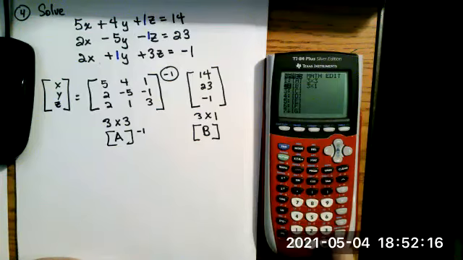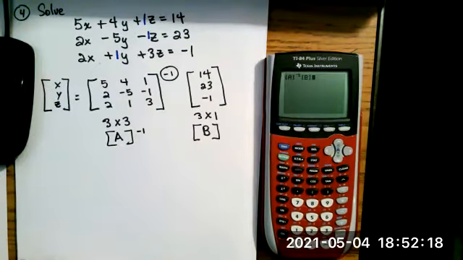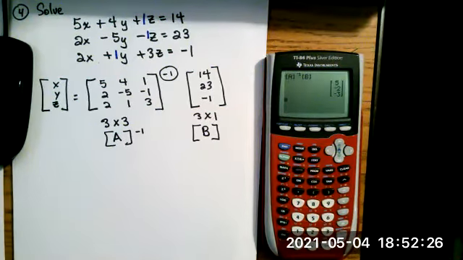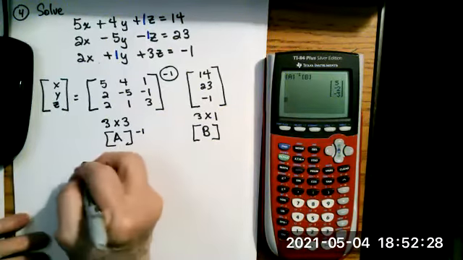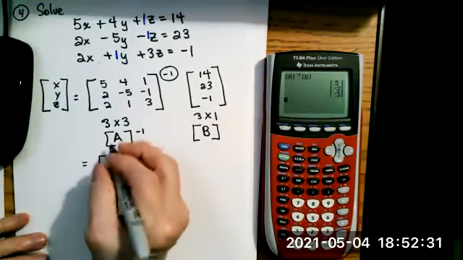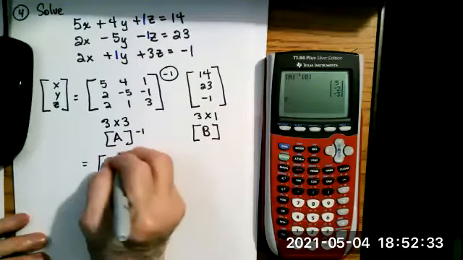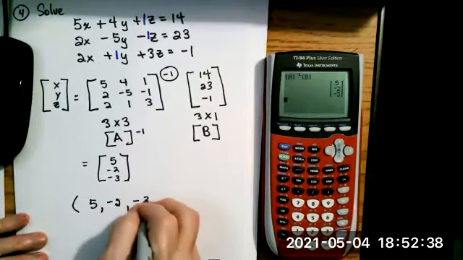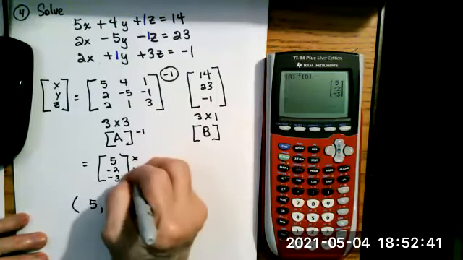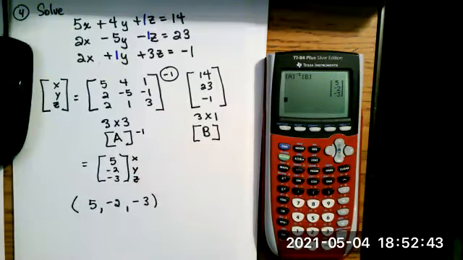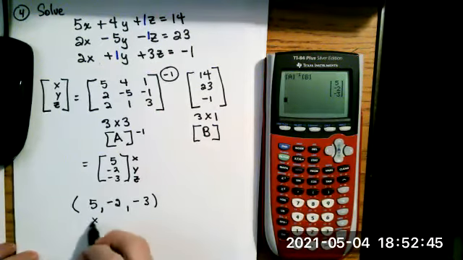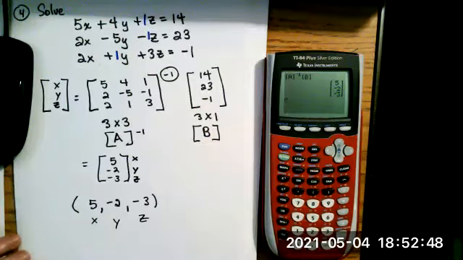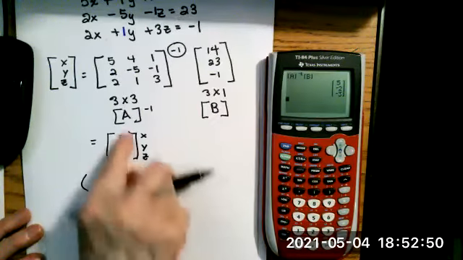Go down to B, and then your screen looks like A inverse B. And then when you hit enter, you'll get your X, Y, and Z. And in our case, it looks like 5, -2, -3. And they're going to want it in an ordered triple. This one's the X, this one's the Y, and this one's the Z. X, Y, Z. They'll have it in this form, not this form.